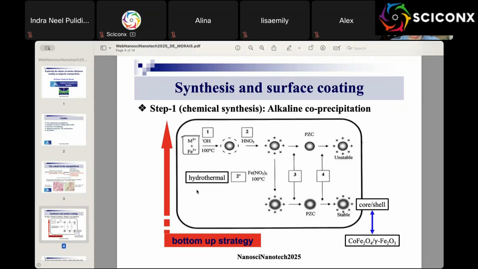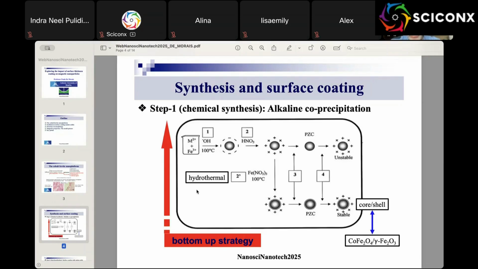The core is the cubic ferrite, in this particular case cobalt ferrite, and a very thin shell layer of maghemite, actually. The maghemite is the surface layer that stabilizes the system.